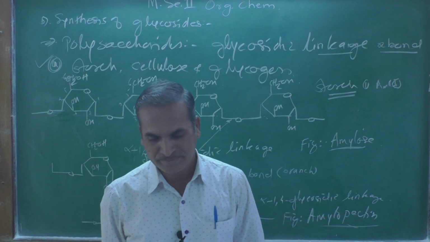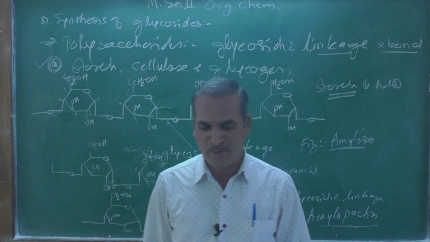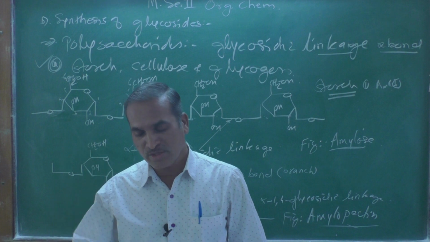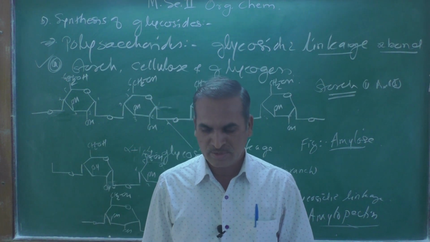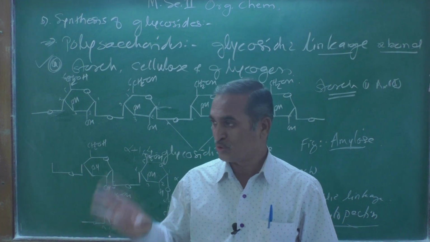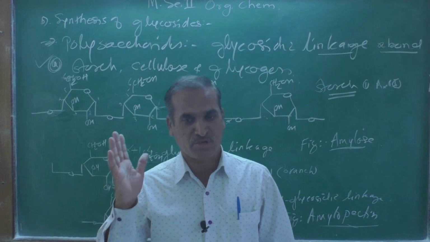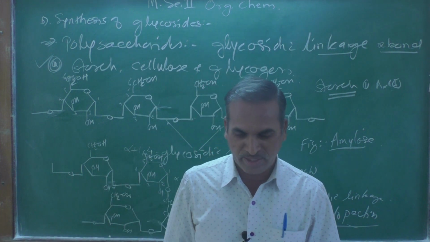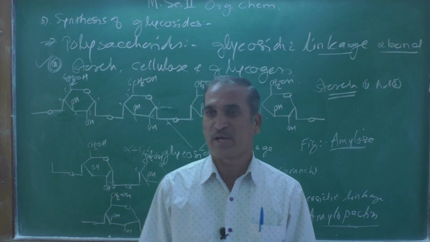Can you think why, when you chew plain bread, chapati or bhakri for a long time, it tastes sweet? What could be the reason? That type of question, you find out the answer and then tell me later on. But let us see here. First one is starch. What do you mean by starch?